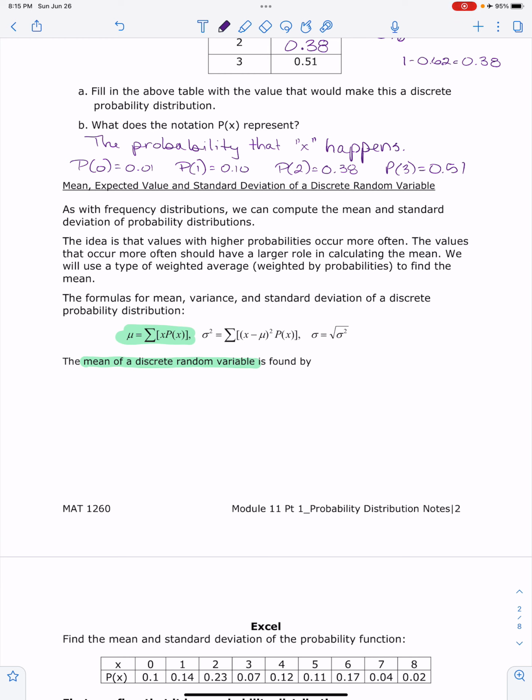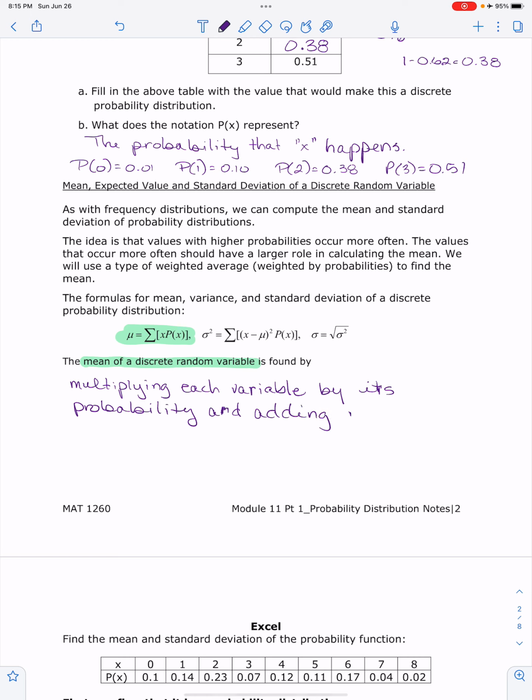So we find the mean of a discrete random variable by multiplying each variable by its probability and adding all those values together. Not that bad.